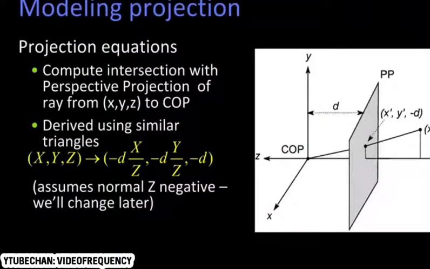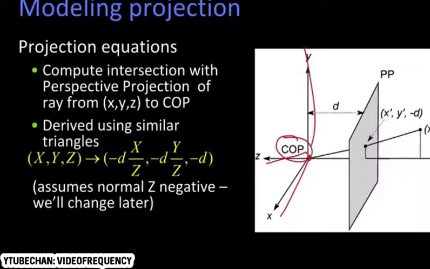Before the stereo sections, we introduced perspective projection. And here was the model that we used. In particular, we had a system where we had a center of projection that was located at the origin of a three-dimensional camera system.